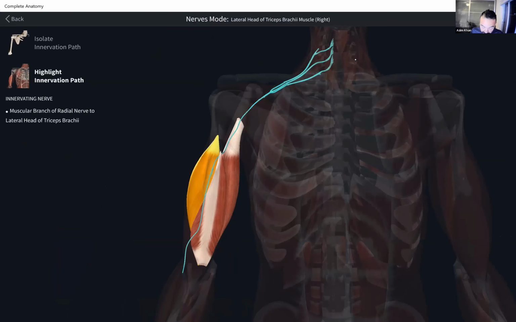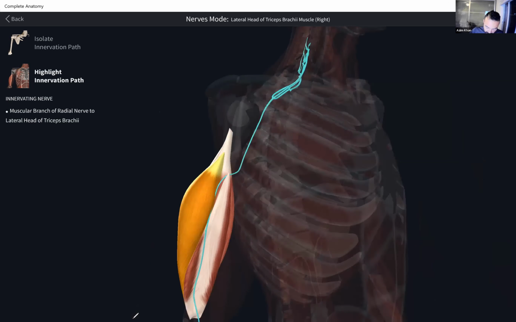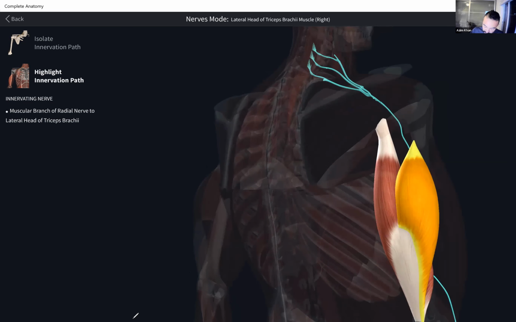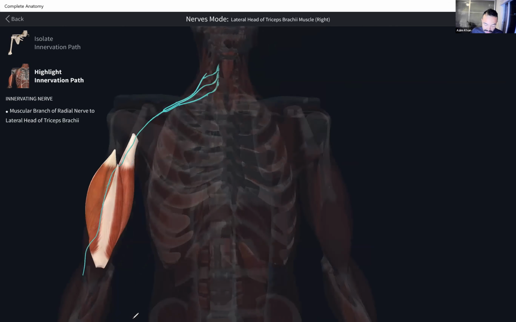And you can see the radial nerve extending from the brachial plexus. You see the brachial plexus over here? At the brachial plexus, we branch and we finally get our radial nerve. We can see it innervating the triceps brachii, among other things. So that's a really useful thing that you can do here in Complete Anatomy.